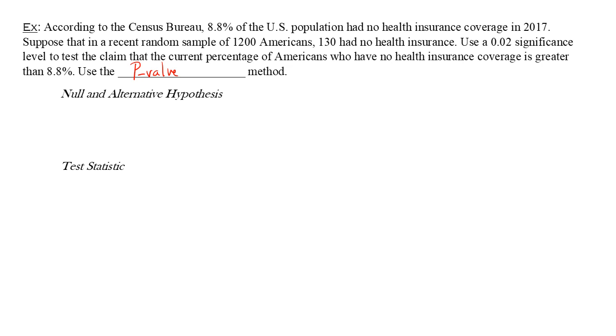Now the first step is always to state our null and alternative hypothesis, which is something that we've practiced a little bit in the past, but here I'm going to look at the values that they're giving us.